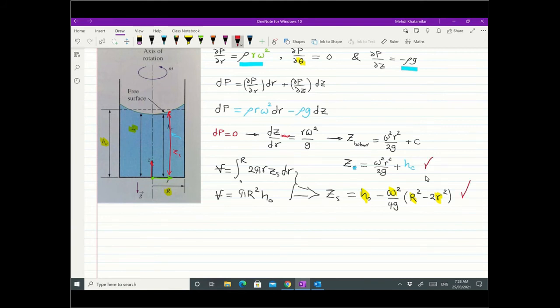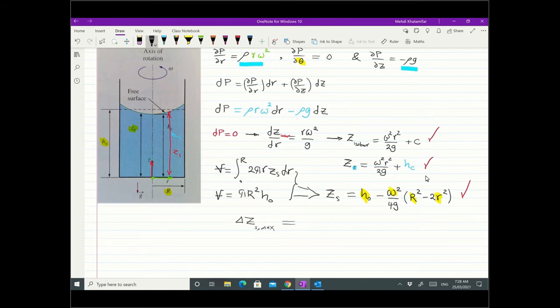So let me identify the important formulas here. The next one, using this formula, I can get the maximum height difference. I'm going to call that maximum height difference delta z for the surface, but max.